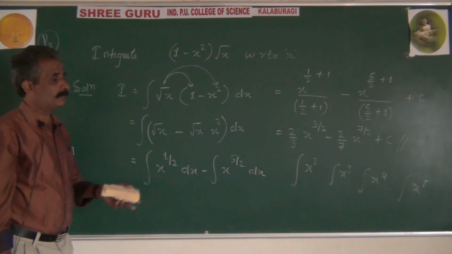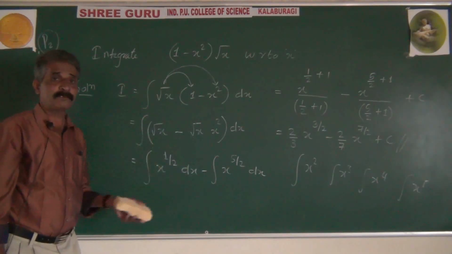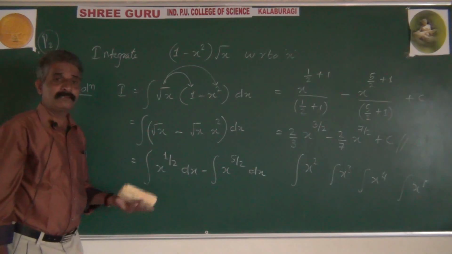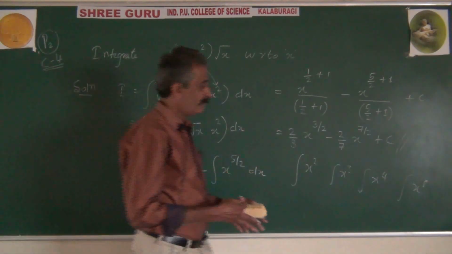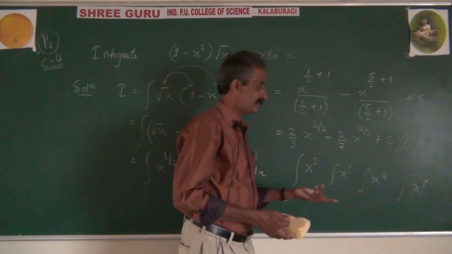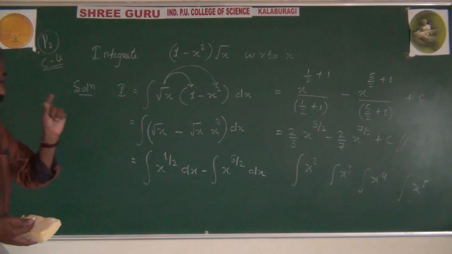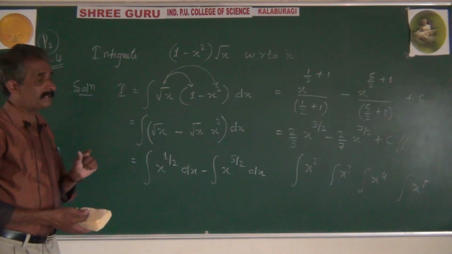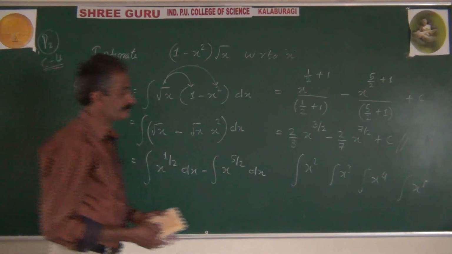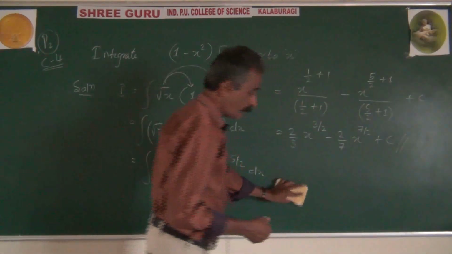Today I solve up to x power 100, tomorrow x power 101, up to x power 200, day after tomorrow 201. Like that, 1 year we can solve the same problem. What's the use of that? No use at all. So you try to understand the mechanism here rather than remembering that particular problem in mind. Next problem.